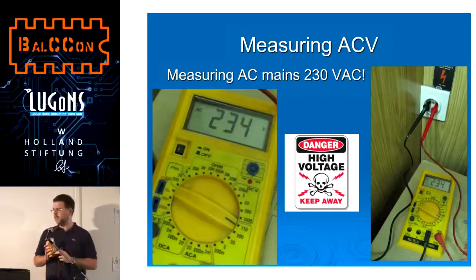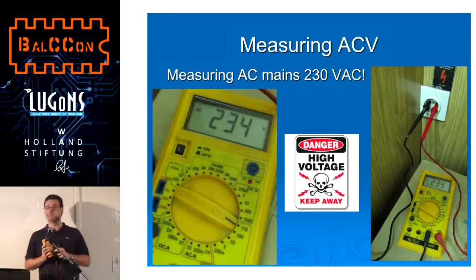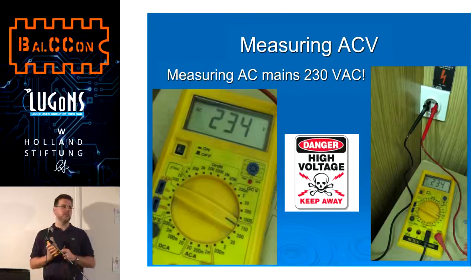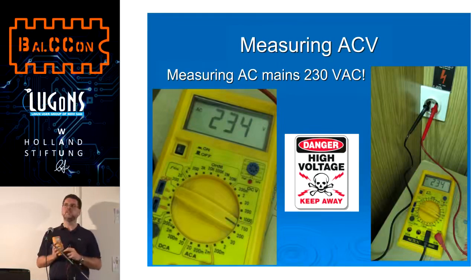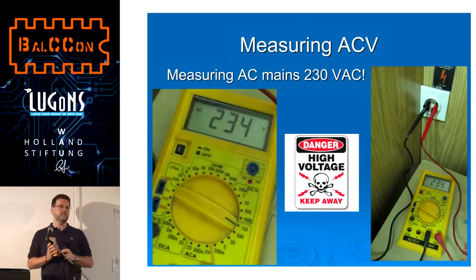And here's measuring AC mains. You may presume you'll measure 220 volts. Well, that's not true. It was up until 15 years ago, but today 230 volts is what you're expecting from your main outlet.